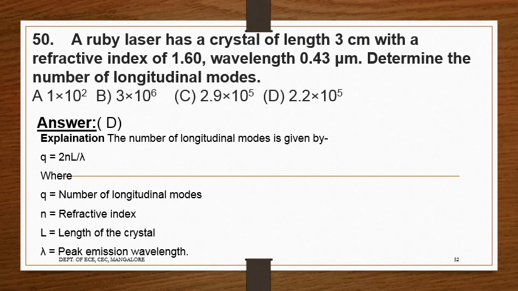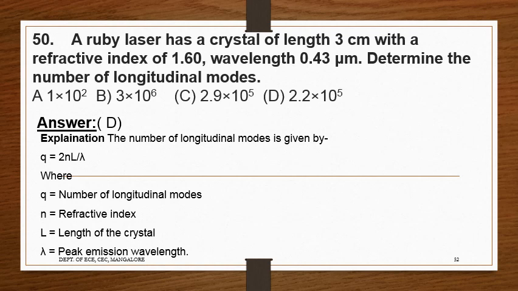So what do we have here? 2 into 1.6 is 3.2 into L, the length 3 centimeters. So you have 3.2 into 3 into 10 power minus 2 divided by 0.43 into 10 raised minus 6.